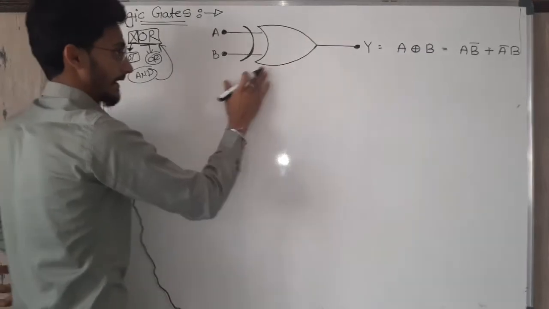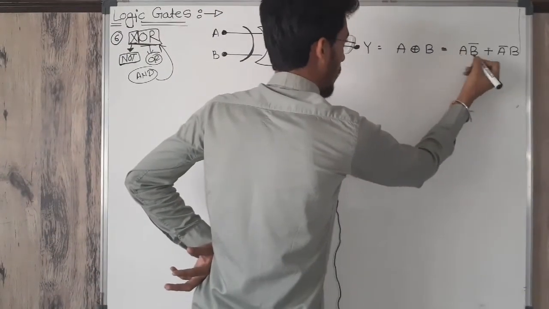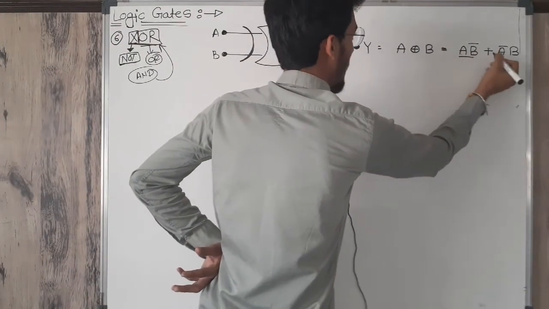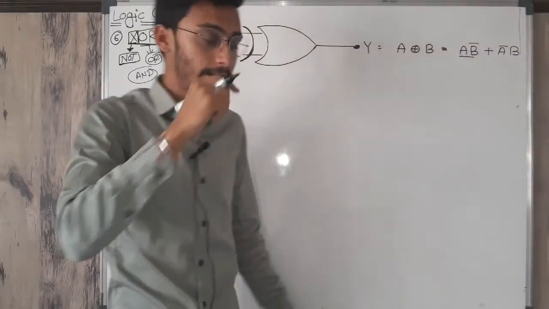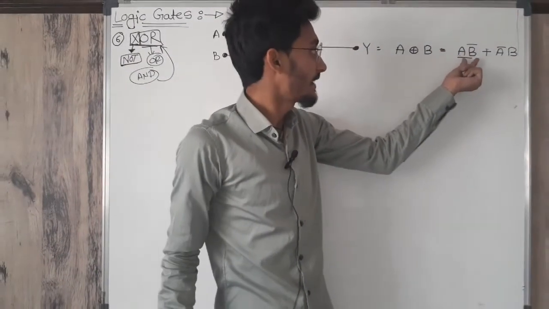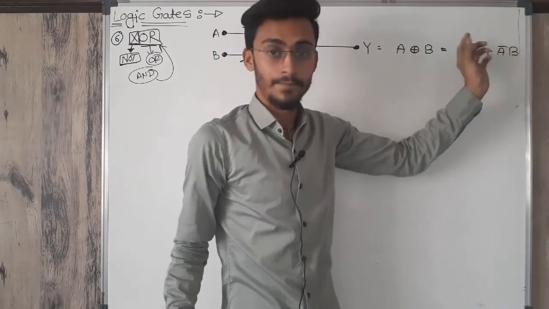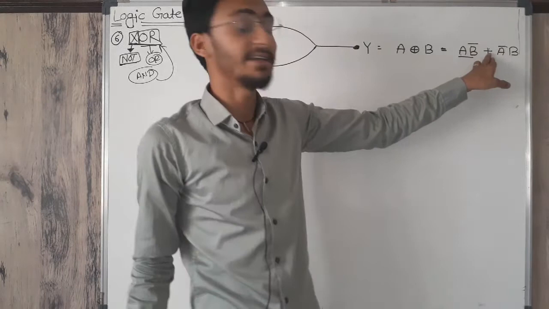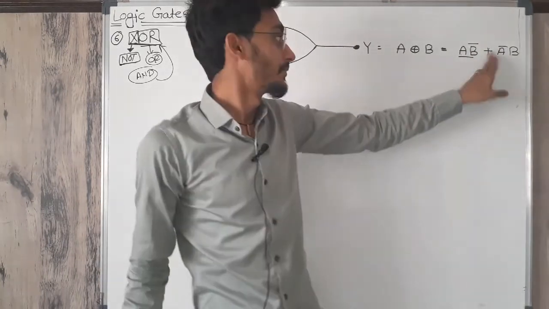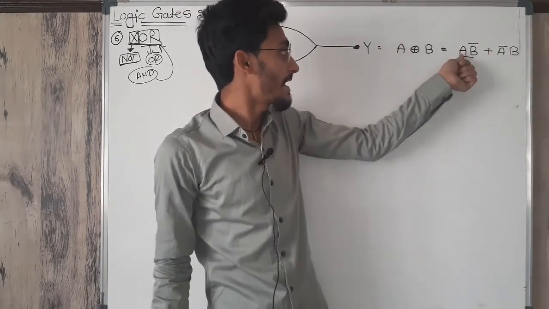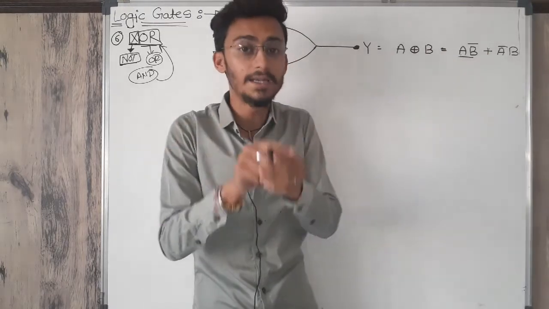So now we are going to describe this XOR gate. Very simple. Listen to me. You can see that the output is A B bar plus A bar B, right? So you can see that the first input is A B bar and the second input is A bar B. Okay, and we use plus. Plus means an OR gate, right? So the OR gate needs plus, and A and B bar are in multiplication.